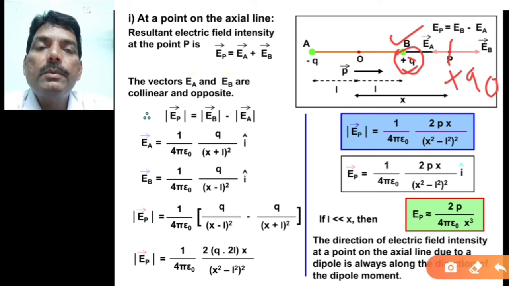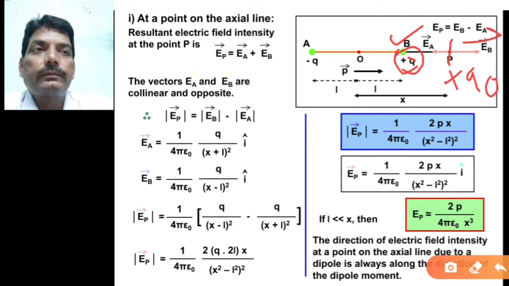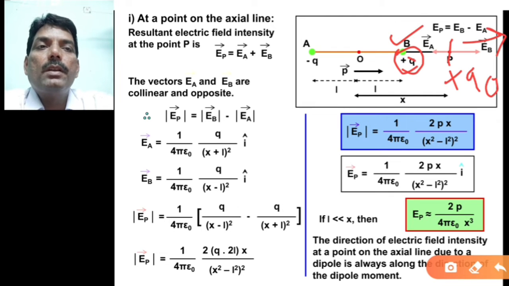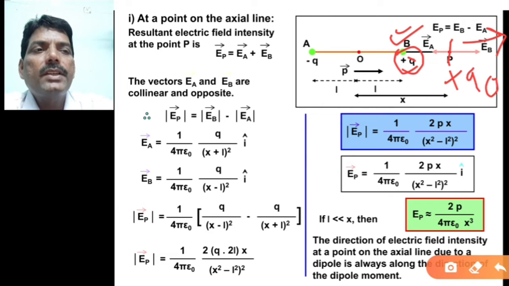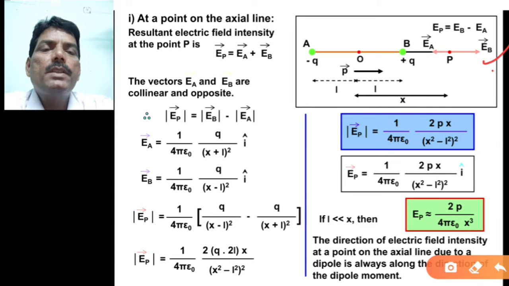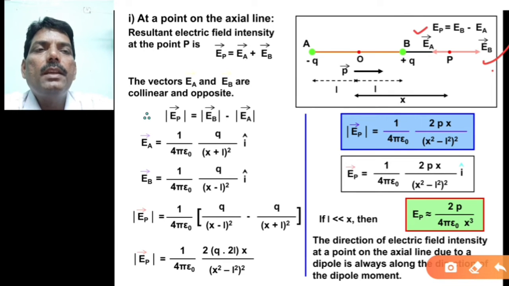Therefore, the repulsive force will be between these two, or you can say charge plus q will exert force on this test charge in this direction, that is given by EB, because the charge plus q is situated at point B. Therefore, I have used the symbol E suffix B, that is the electric field due to the charge placed at point B, that is nothing but your positive charge. So these are the directions I have shown: EB is away from this charge plus q since the force is repulsive, and EA is attractive, due to the minus q charge.